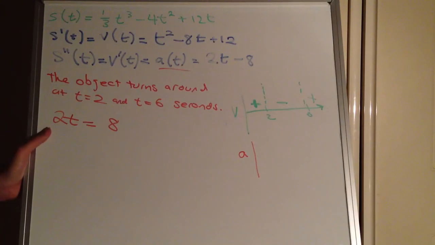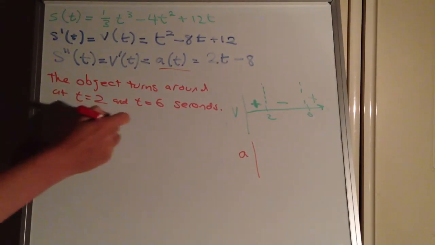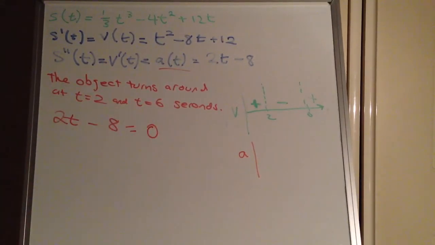Okay, so 2t minus 8 equals 0. And again, we set it to 0 because we want to find the stationary points of our v(t) function, our velocity function, because the stationary points of our velocity function will show the splitting point between two intervals, an interval when velocity is increasing and an interval in which velocity is decreasing.